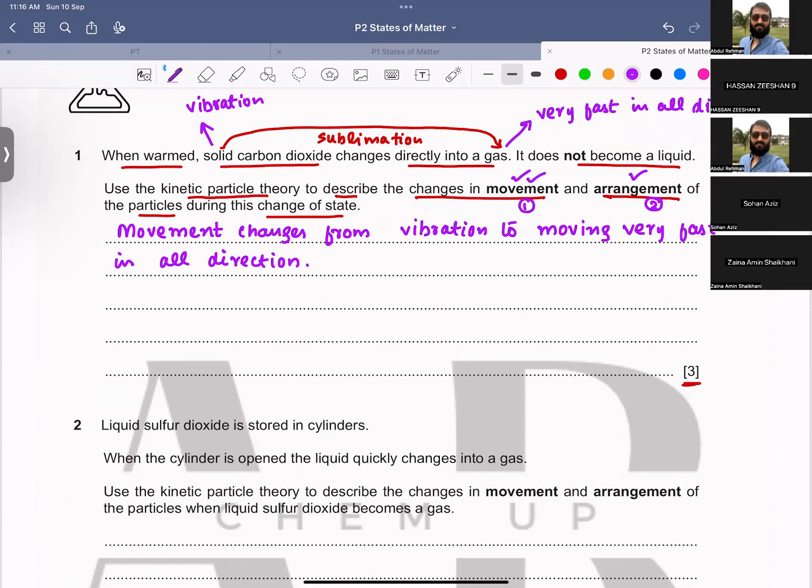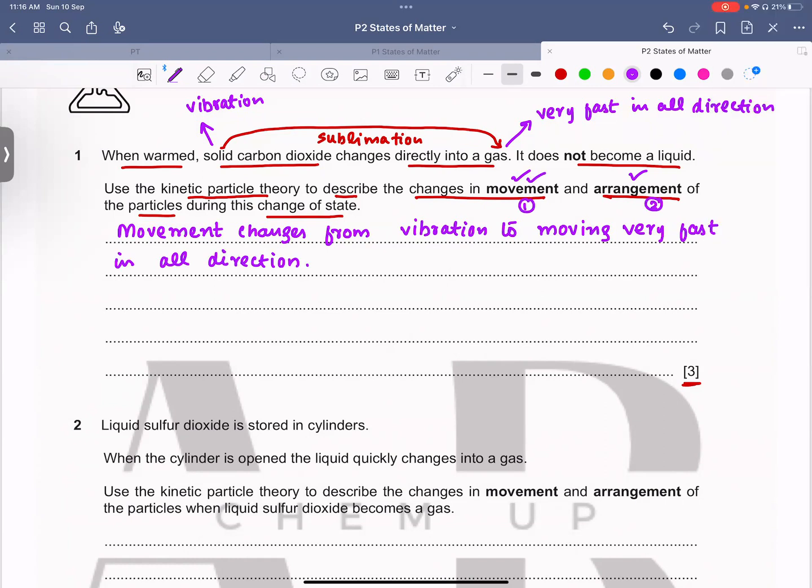So if you recall, the arrangement in solids is uniformly arranged, and in gases it is irregularly arranged. So the arrangement changes from uniform to irregular.